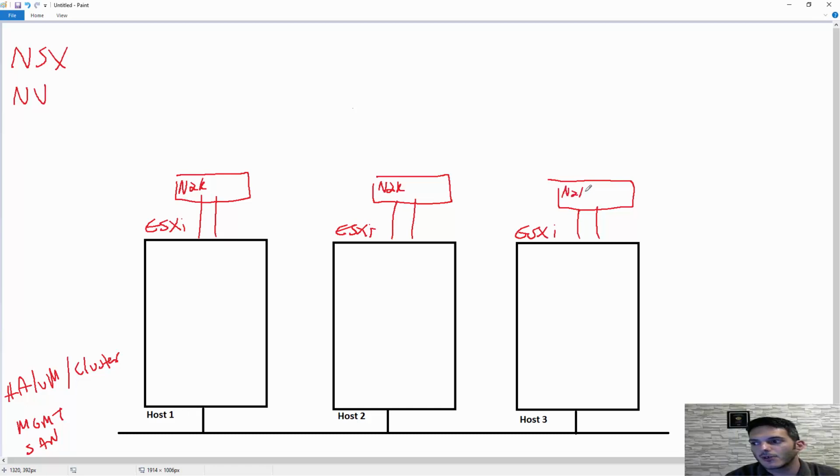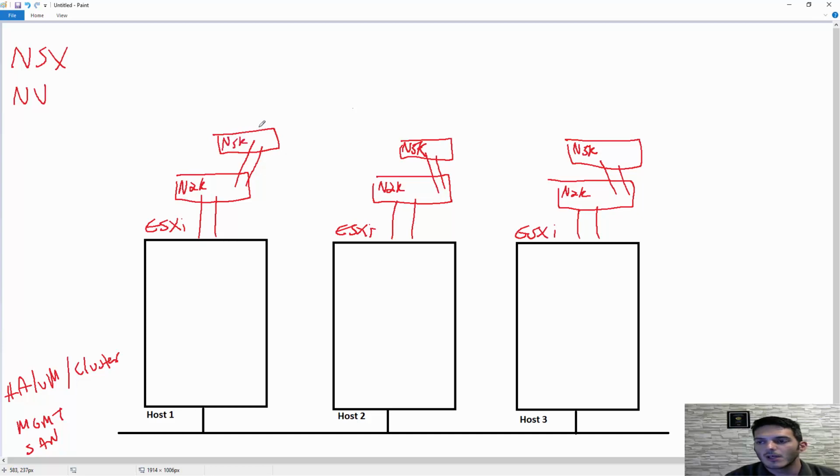So we have Nexus 2Ks, and these 2Ks connect up to a grouping of 5Ks. And these 5Ks are going to be our what? Well, the 5K is our top of rack switch, and not necessarily our core or our default gateway.